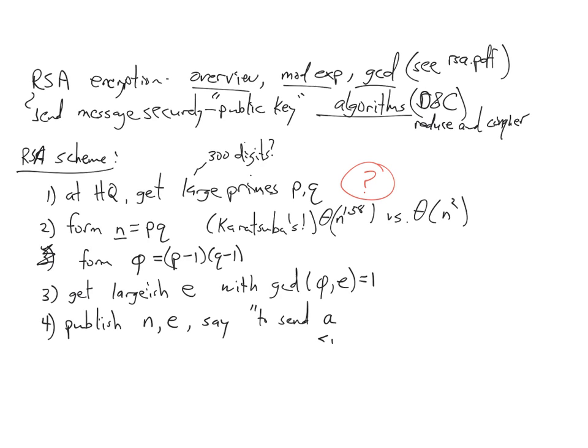The only restriction is that it has to be less than n for the math we're going to do later to work. So to send A, you compute A to the E in Z sub n, and we call that C. So C is the computation A to the E in Z sub n. Doing that is our modular exponentiation that we'll talk about in detail in the second video.